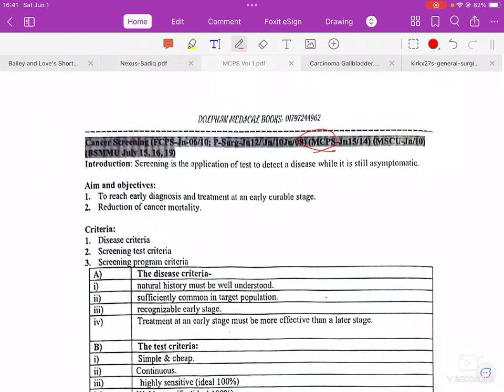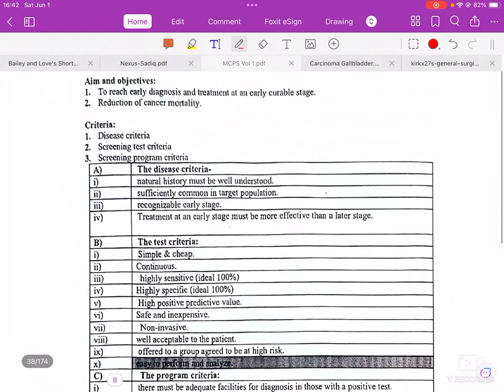Aims and objectives: to reach early diagnosis and treatment at an early curable stage, and reduction of cancer mortality. There are some disease criteria, some screening test criteria, and some screening program criteria. So we have divided into these three criteria.